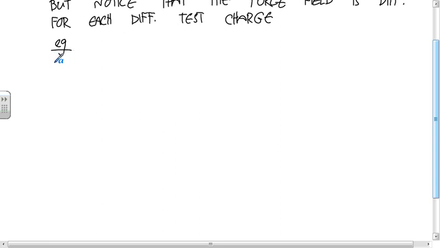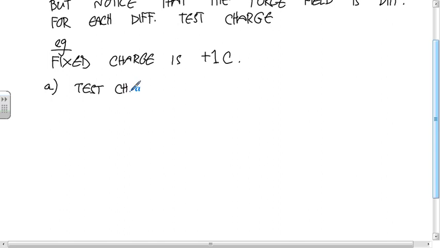So let's say that our fixed charge is positive 1 Coulomb. And first, let's think about what its force field looks like if the test charge, lowercase q, is equal to negative 1.602 times 10 to the minus 19 coulombs.